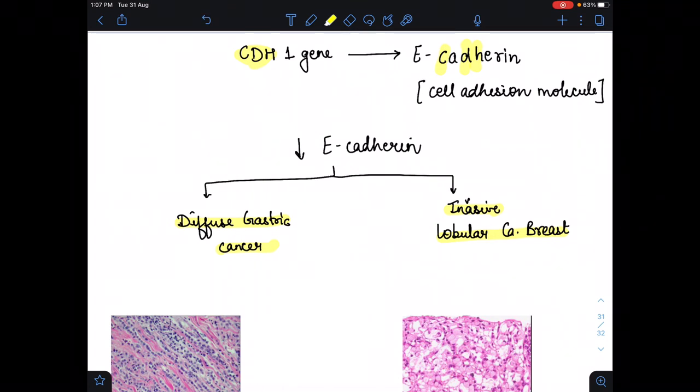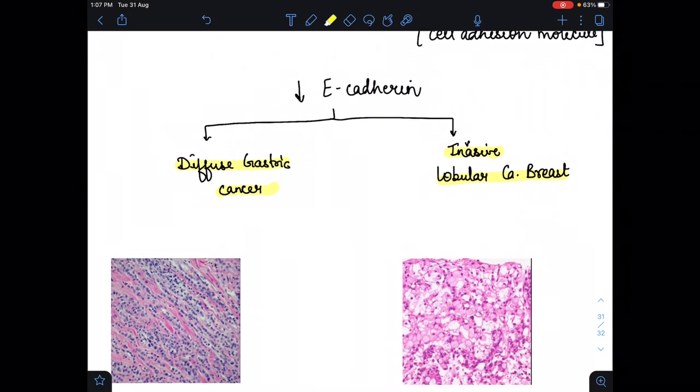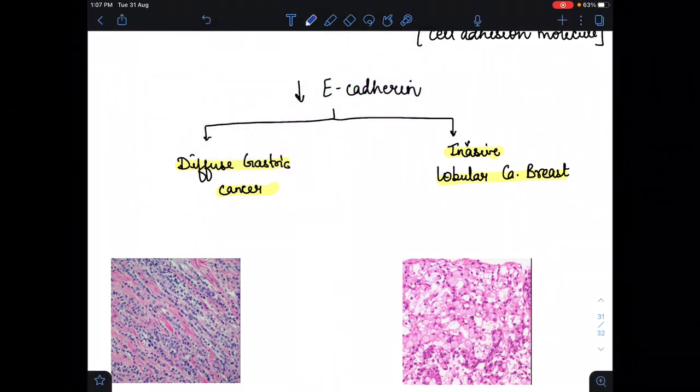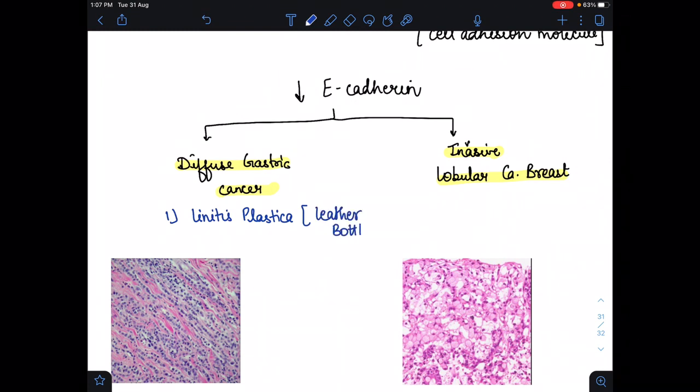So how will you identify that it is diffuse gastric cancer? In diffuse gastric cancer, the first thing we see is linitis plastica. Linitis plastica means we see a leather bottle appearance. The second thing we see in diffuse gastric cancer is a signet ring.